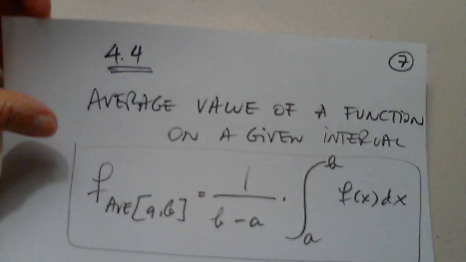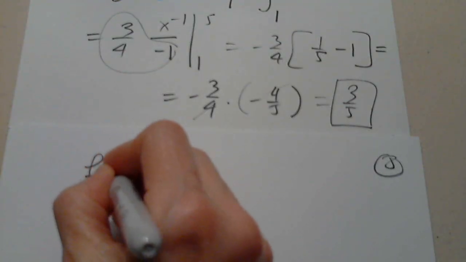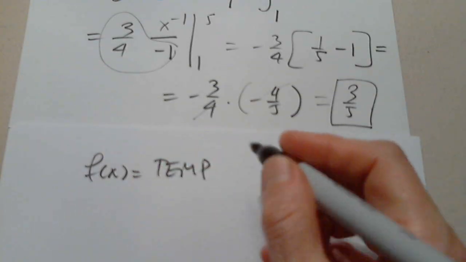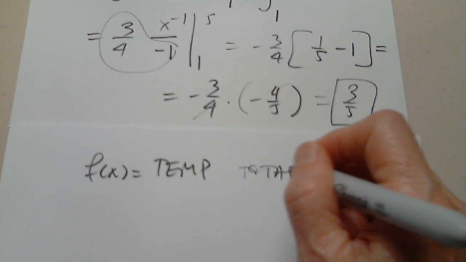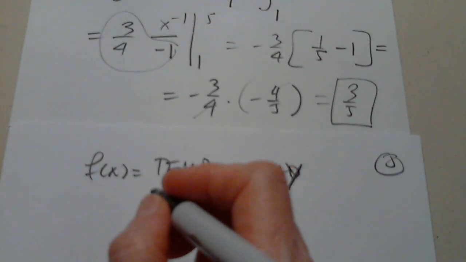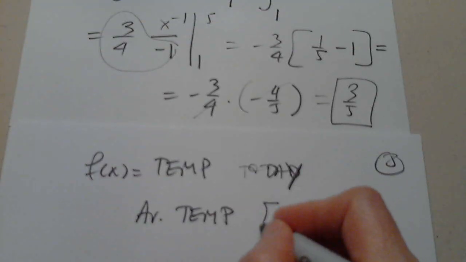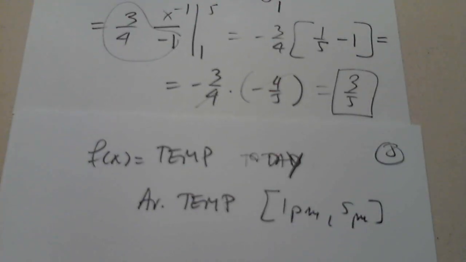Now, again, what does this mean? Let's suppose we have a function, just an example for you. Let's suppose I have a function which is temperature, the temperature of today. Let's suppose you're asking me, what is the average temperature between 1 p.m. and 5 p.m.? What should I do?